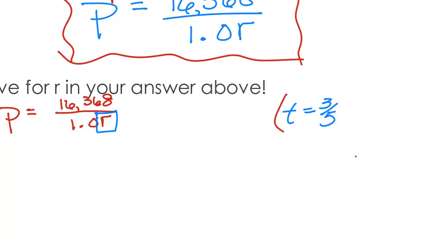If I do that, you have to multiply by 5 on both sides. These 5's cancel out. Then I get 5t equals 3. That at least gets it up out of the denominator, right? Does that kind of make sense?